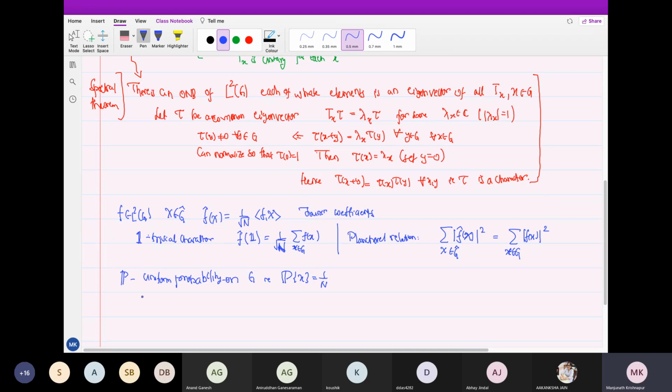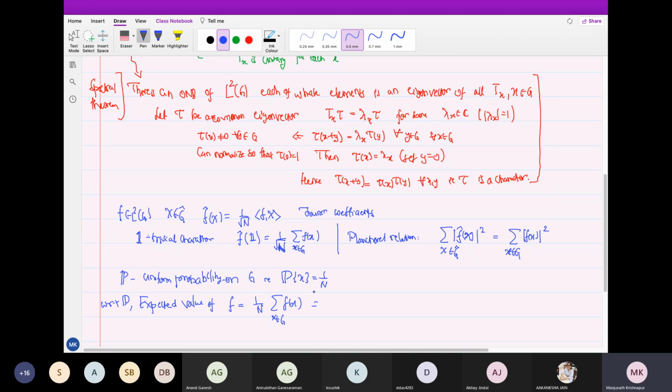The expected value of f with respect to P is 1 by n times the sum of f, the average value of the function.